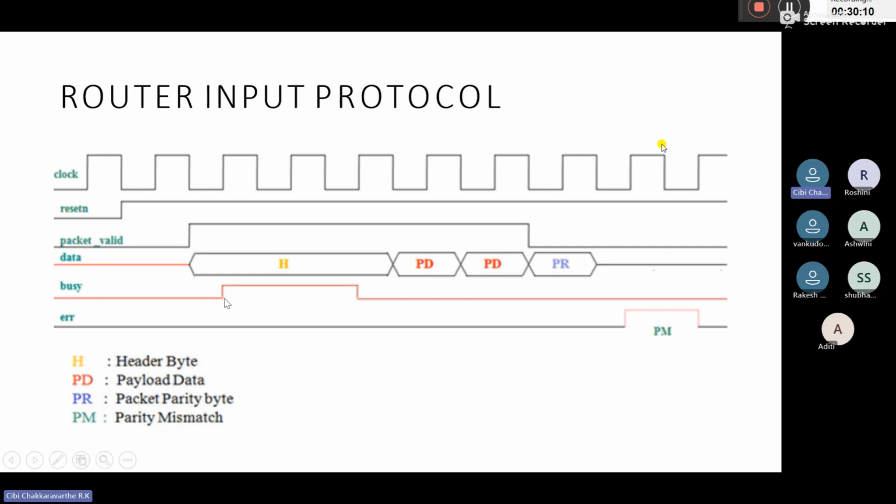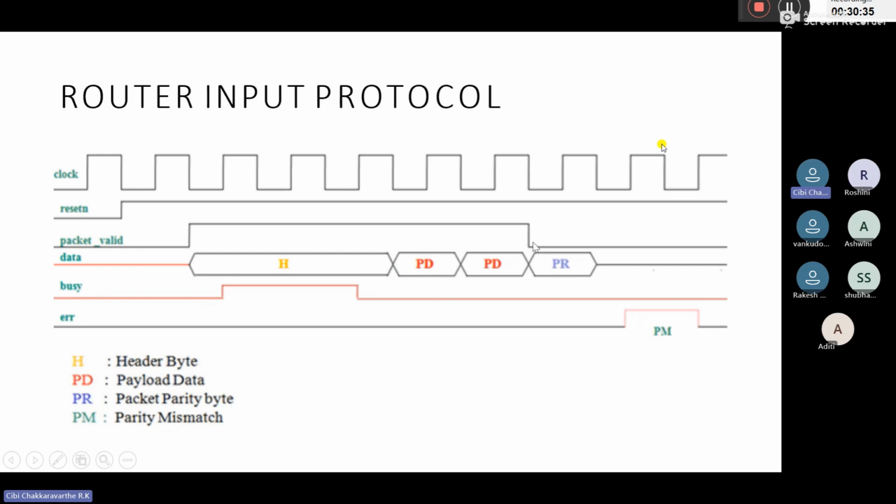In that state, our header transfer will be extended. Why is it extending? Because we can't move our payloads further, as our destination is in busy state doing some other process. After busy state is low, we pass the payloads, then parity.